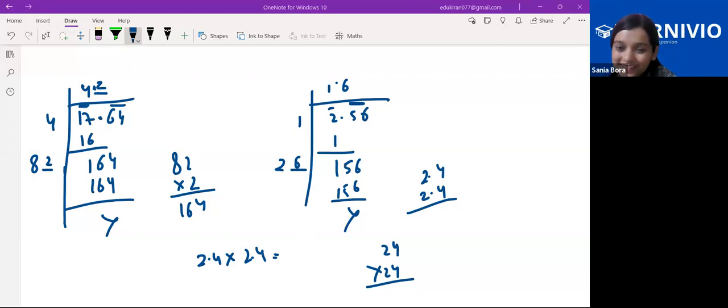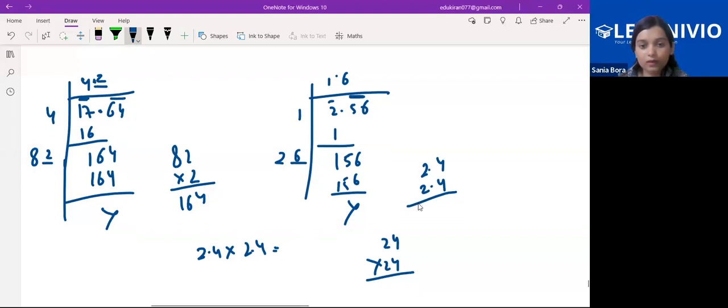Okay, so the question is the square root of 0.008 plus the square root of 0.064. Yes, ma'am, we have to add them.